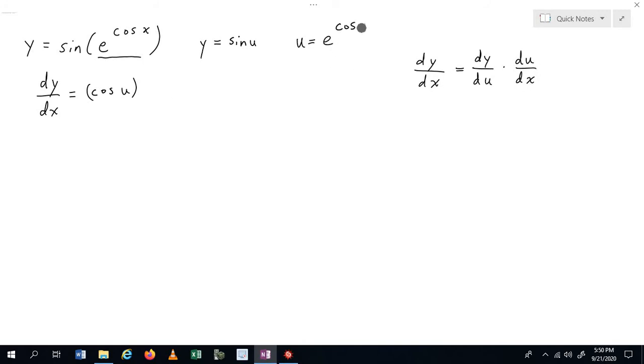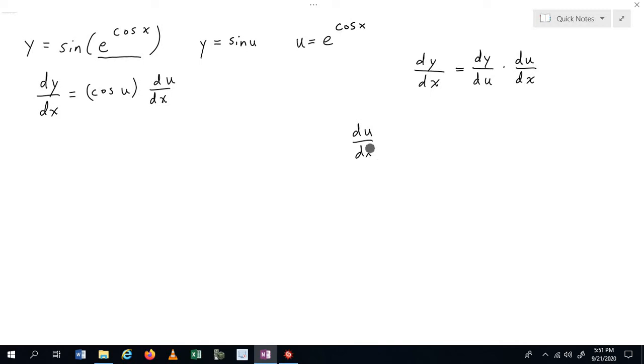That's the derivative of this with respect to x. I'm just going to write it as du dx for now, and then we're going to find this on the side. Once we find it, we'll plug it back in. So now we have to find du dx.